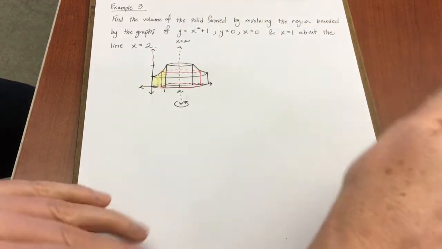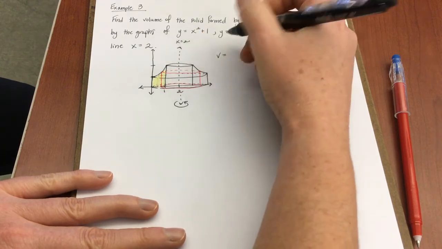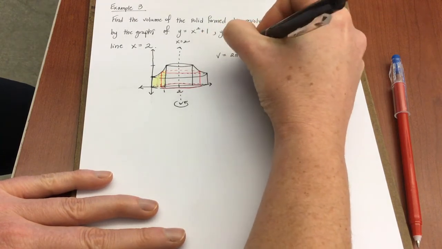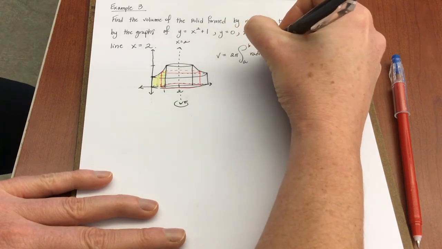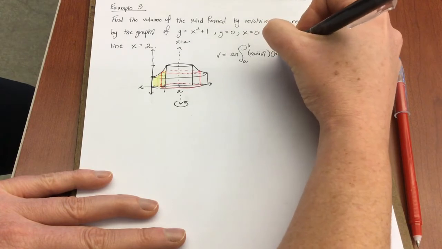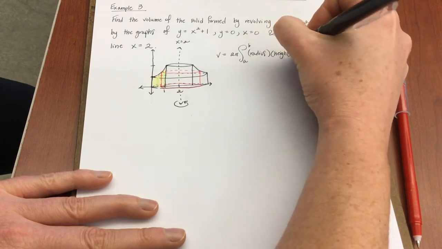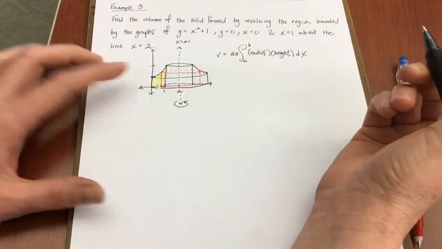Like so, okay? So let's set it up. So I'm just going to write the words out first. So 2 pi integral from a to b, radius of my cylindrical shell times height, and then d, and in this case we are going dx, so I'll just write that in, okay?